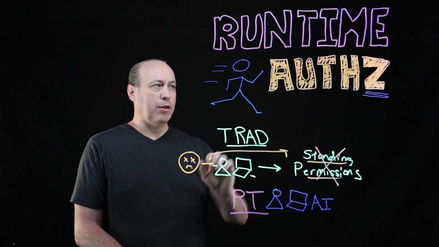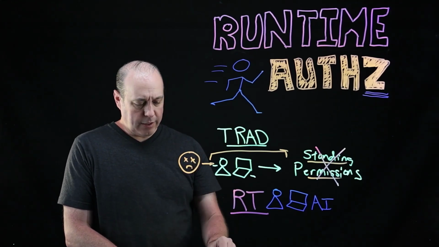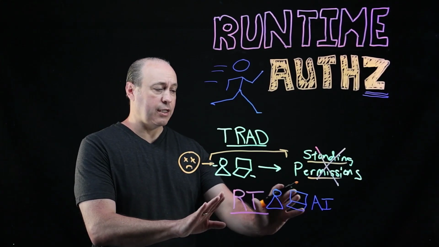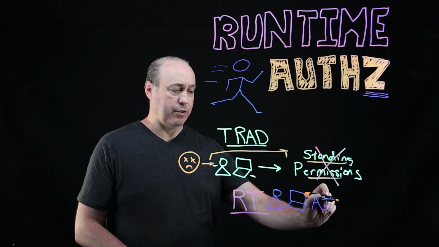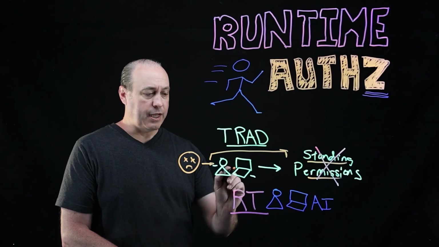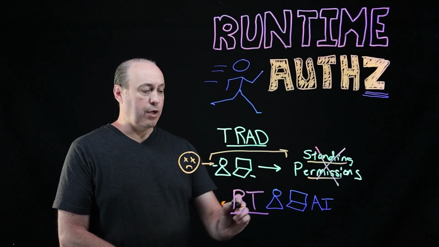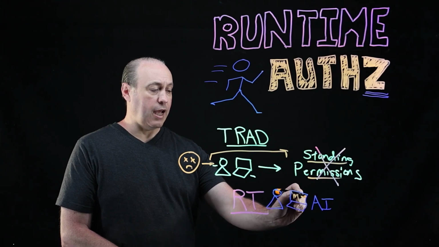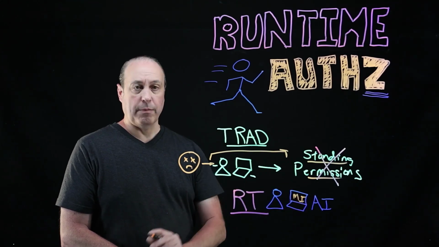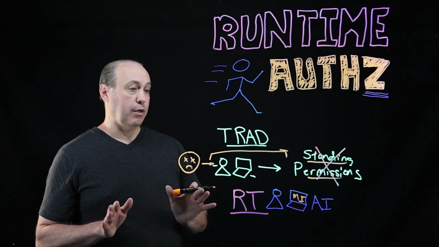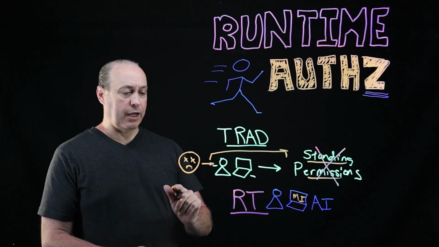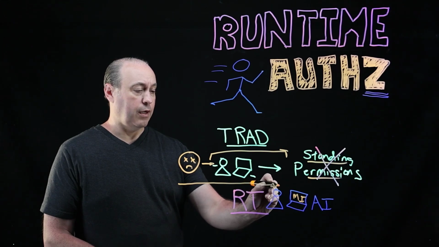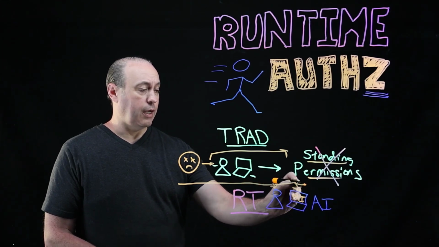So that's why runtime authorization is getting a lot of buzz, because here are the key elements of it. Runtime authorization means these things will have no permissions on the other side. Instead, when this machine identity or this AI agent needs something, we have an authorization engine, an identity security engine, that is going to come in and look here, and here, and here.